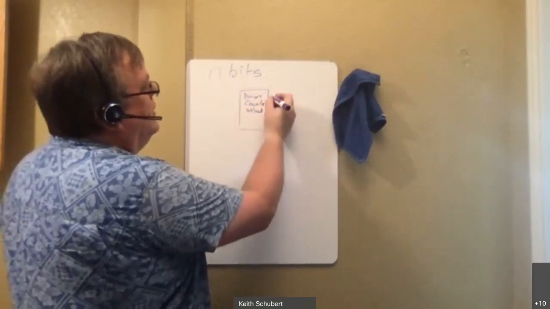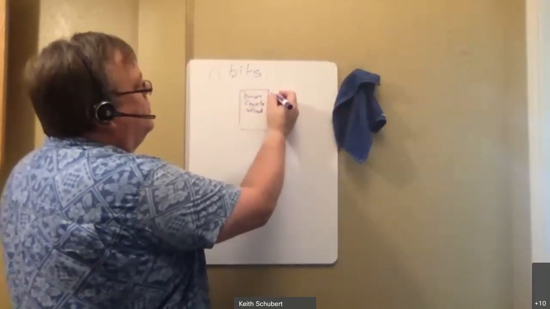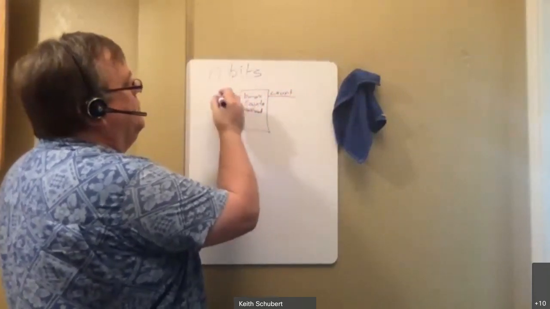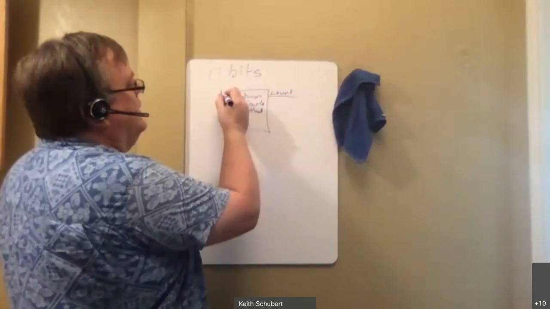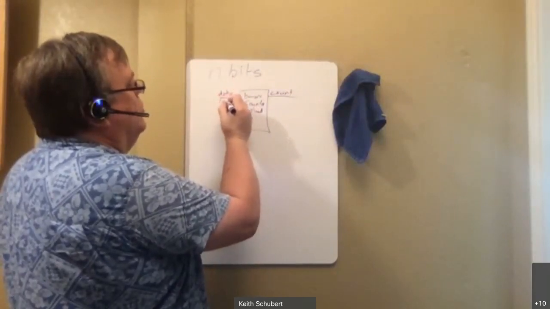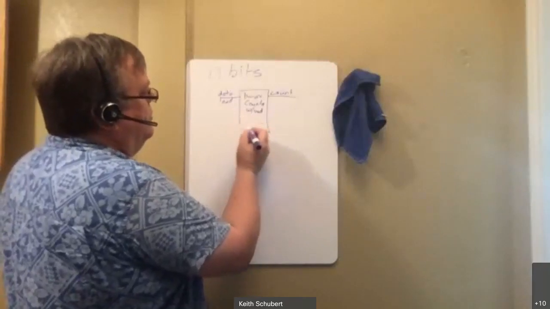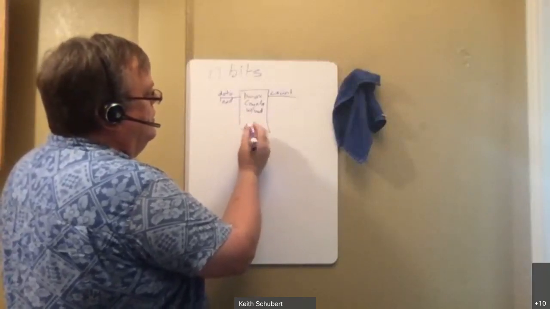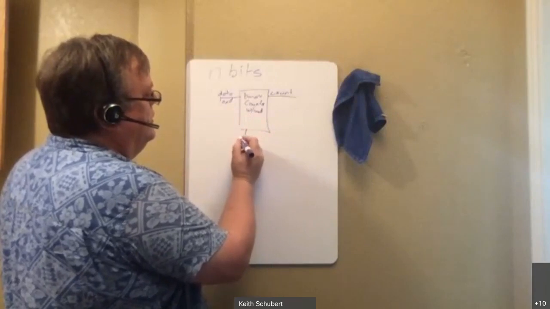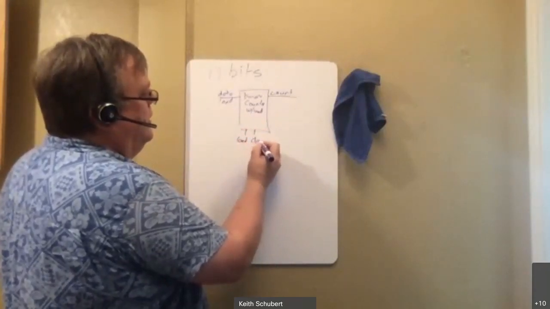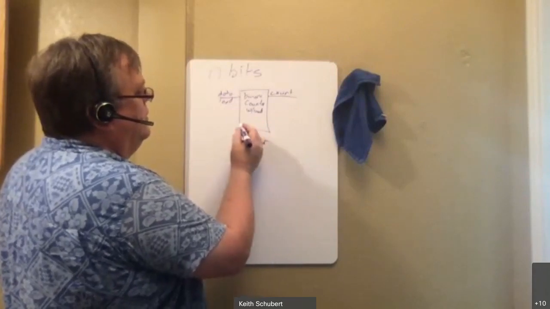I've got an output line that is my current count, and I've got an input line, which is my data load. And then I've got a command here for load, and I've got a clear.